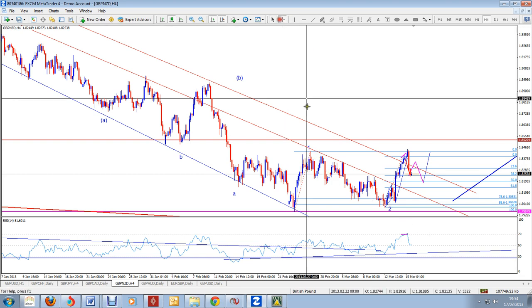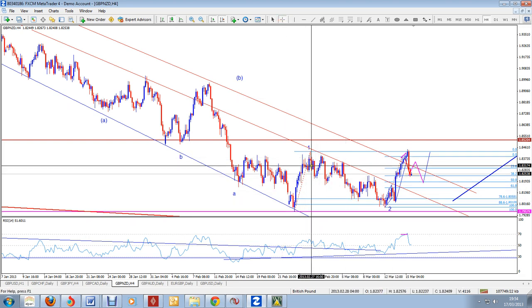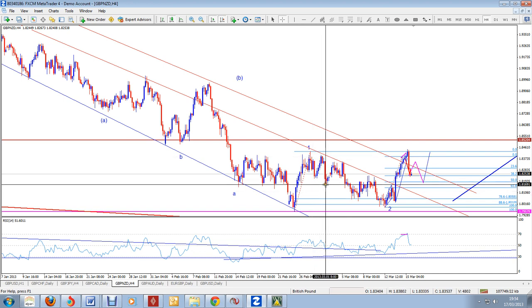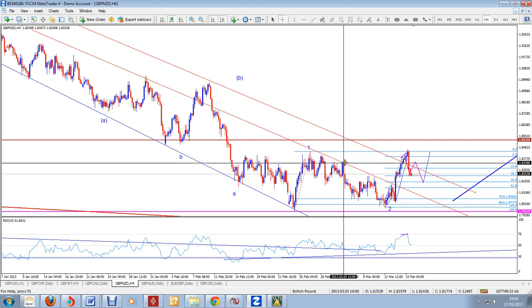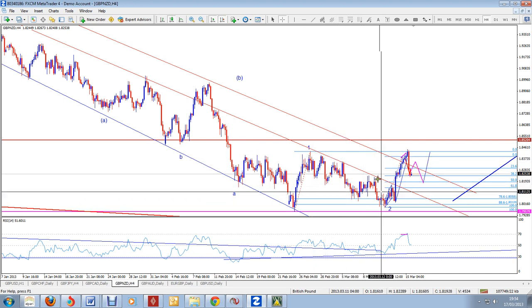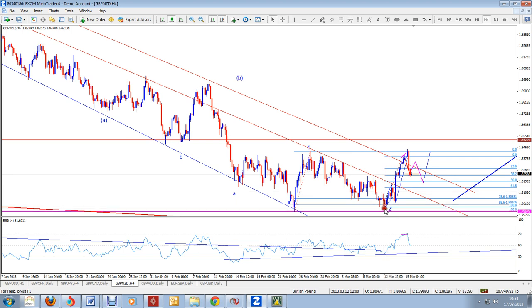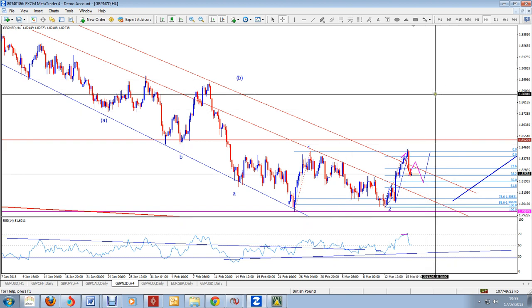So in this wave 2 we've had more like wave ABC as a small a, ABC back as a small b, and then ABC down as a small c. So we finished up with basically A, B and C down. So that meant almost coming into 100% retracement, not quite, maybe something like 90% retracement, very deep retracement. So wave 1, wave 2, and in which case we are on our way to the upside.